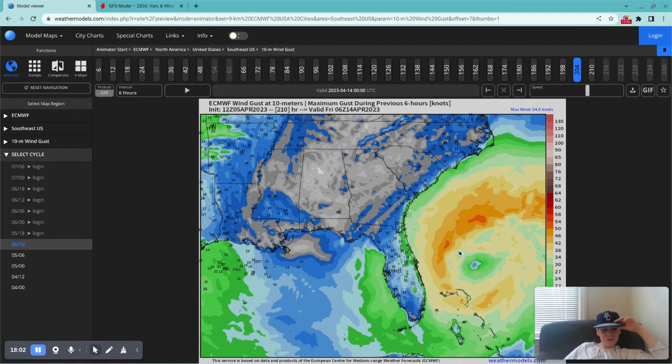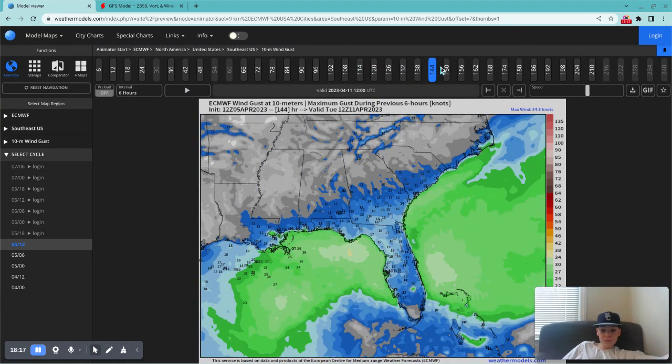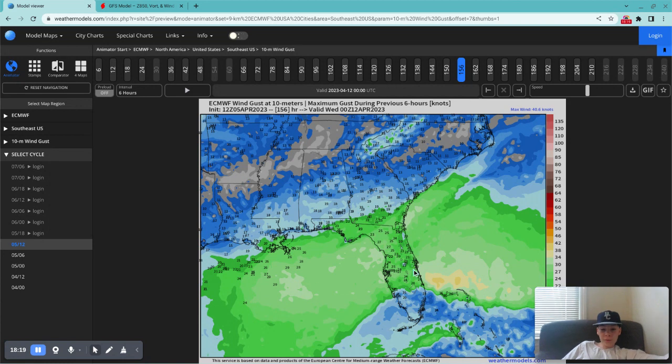Now this is weird. This wind gust forecast from the Euro is showing a completely different idea from the same model. This is still the European model. The European model wanted this to go into the northeast and then bail out to sea. This one wants it to go right through Florida and then stick around right off the coast of eastern Florida.